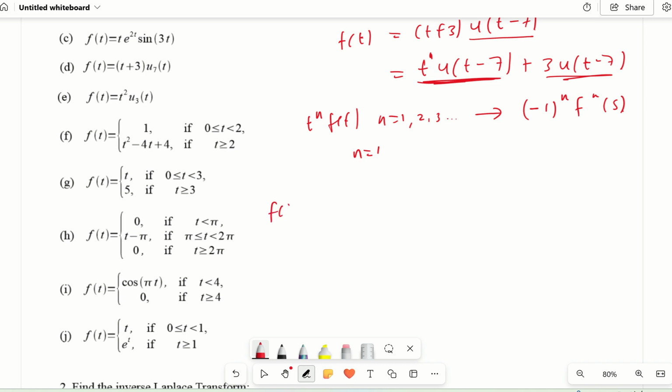We are saying f of t is t u of t minus 7 plus 3 u of t minus 7.